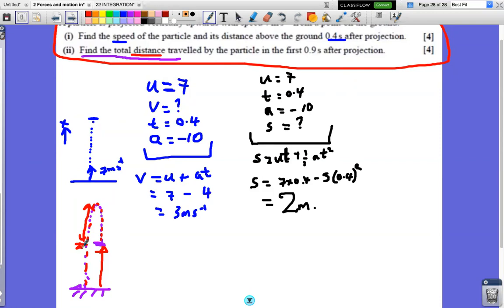If it's on its way up, then it's okay to just look for this displacement directly. But if 0.9 seconds later is after its maximum height, then we need to look for the maximum height plus this.